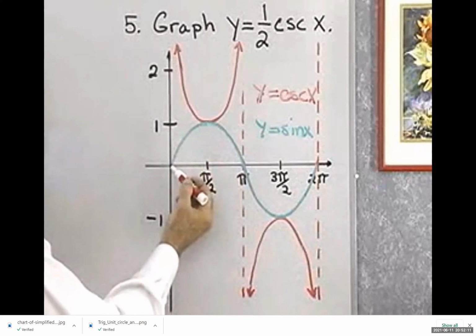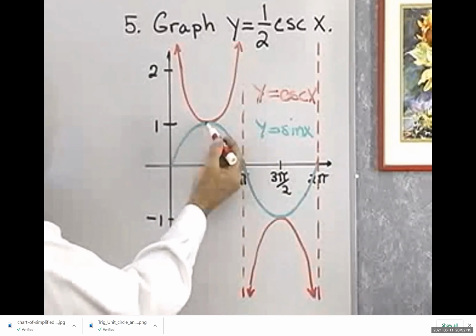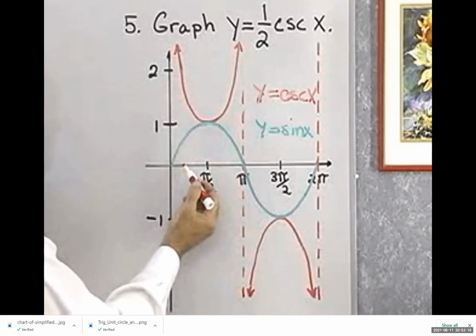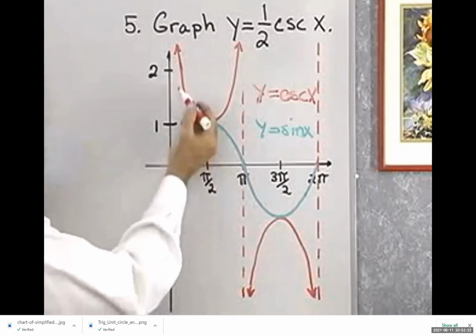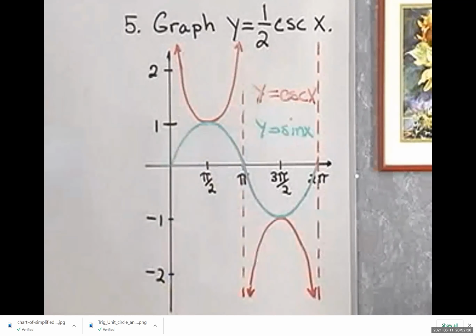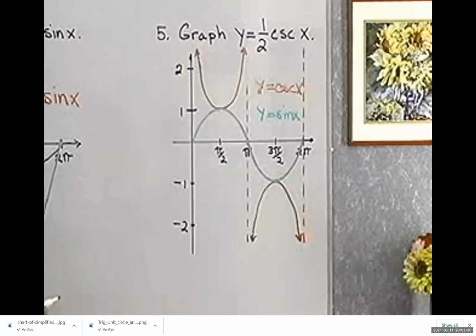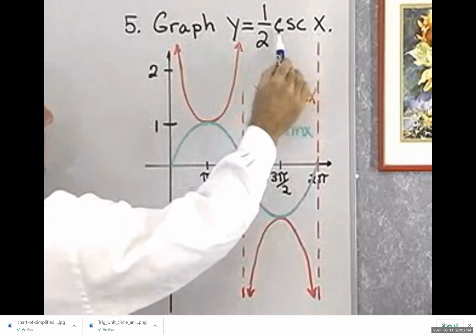When x is equal to pi over 2, sine x is 1, and the reciprocal of that is 1. So over here for this graph, when x is equal to 30 degrees, y is equal to 1/2, and so its reciprocal is going to be 2. Now the graph I'm looking for is the graph of 1/2 cosecant, so that's going to be a graph that has y values that are 1/2 of all these y values.